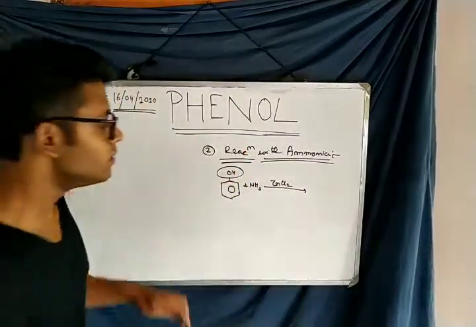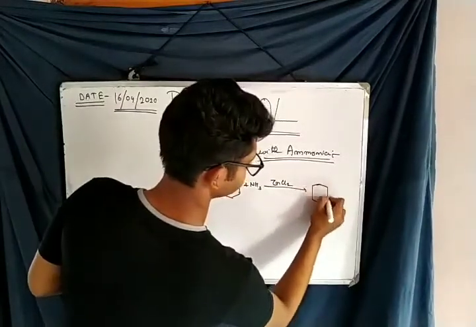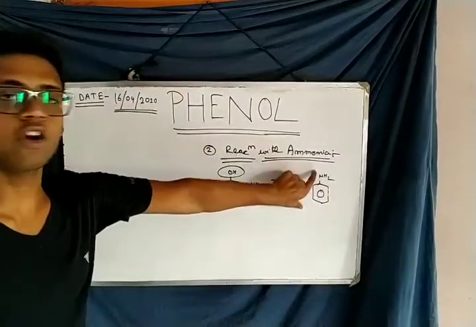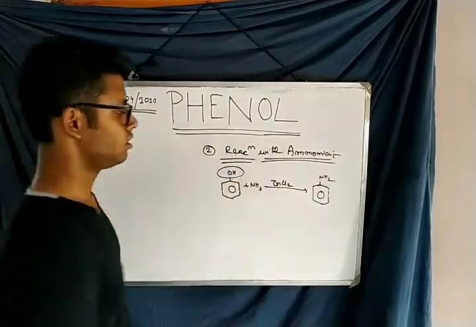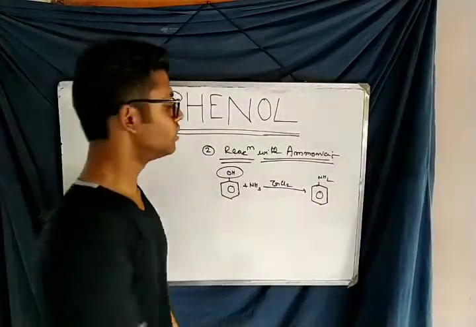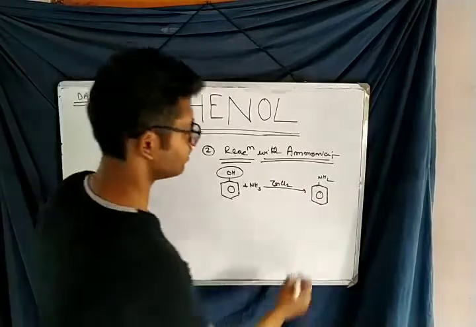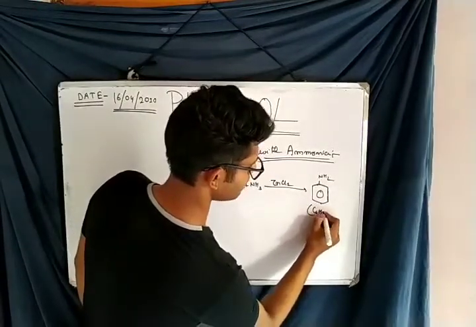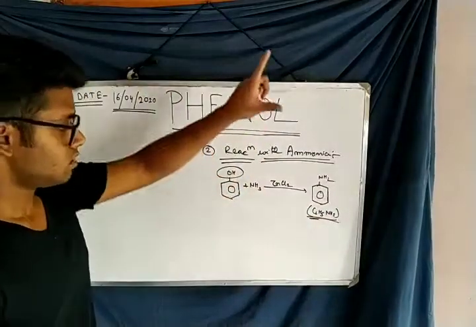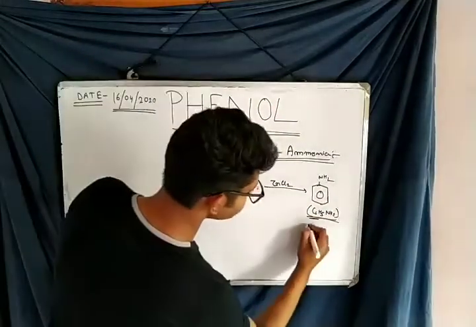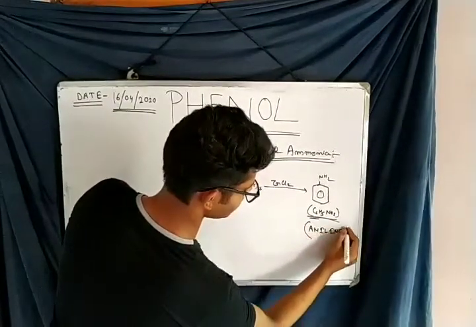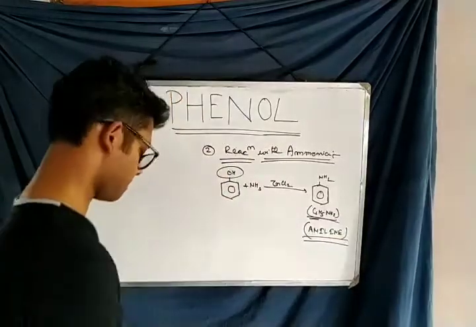So the compound will be C6H5NH2. It is an amine compound, and the name of this compound is aniline.